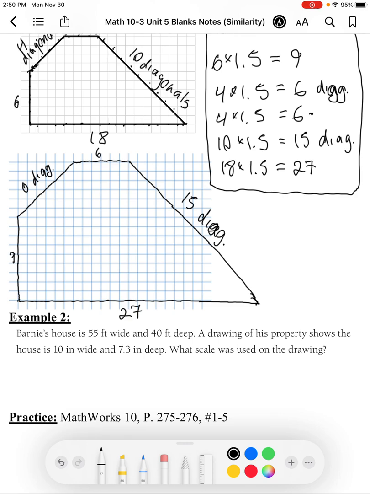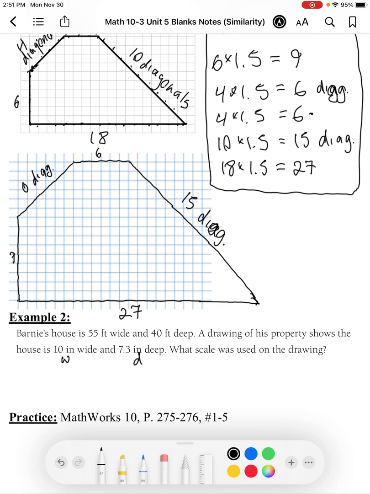So if you think about the drawing, right, we're comparing the corresponding sides, so width to width and depth to depth. For the scale, maybe I'll use a little lowercase w for the 10 inches and a lowercase d for the depth.